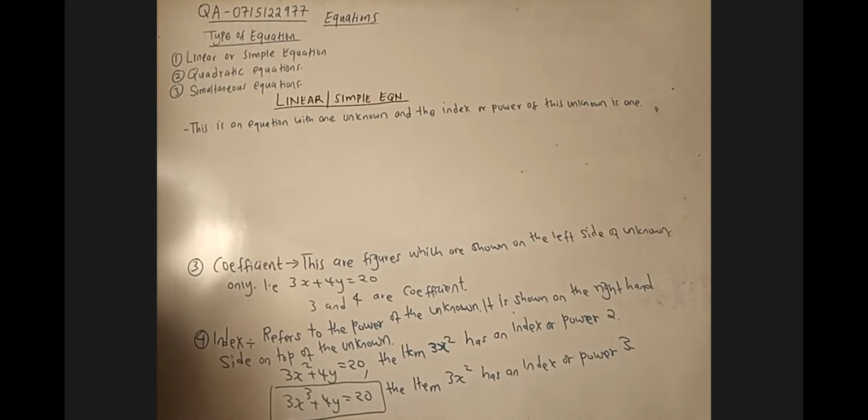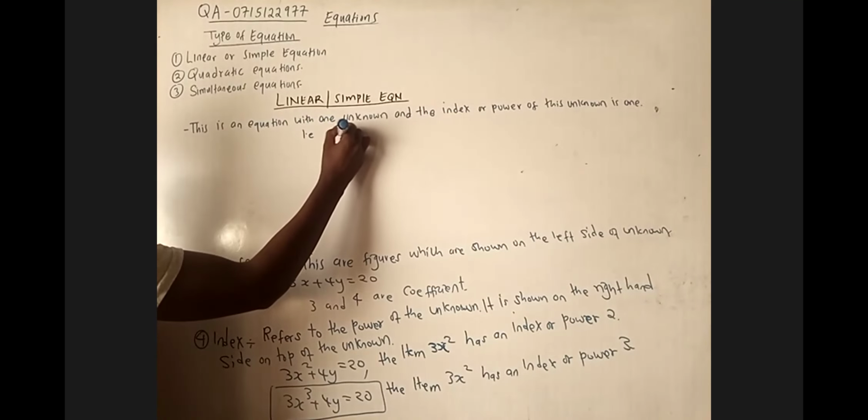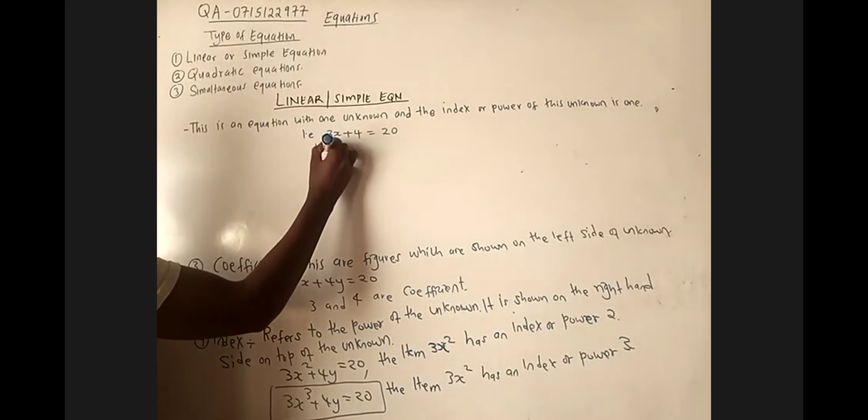So any equation where we have one unknown, for example, 3x plus 4 is equal to 20. Now the only unknown that you have here is x.